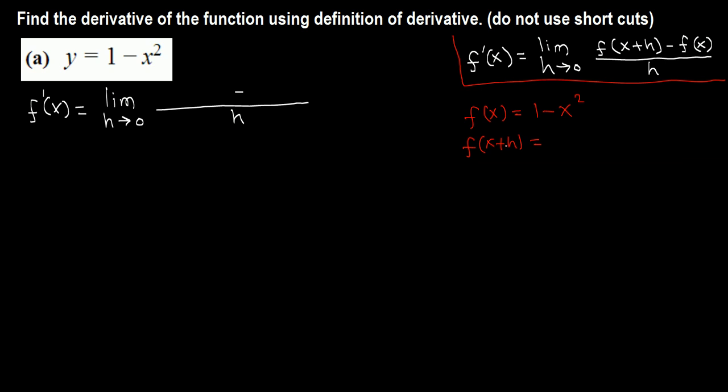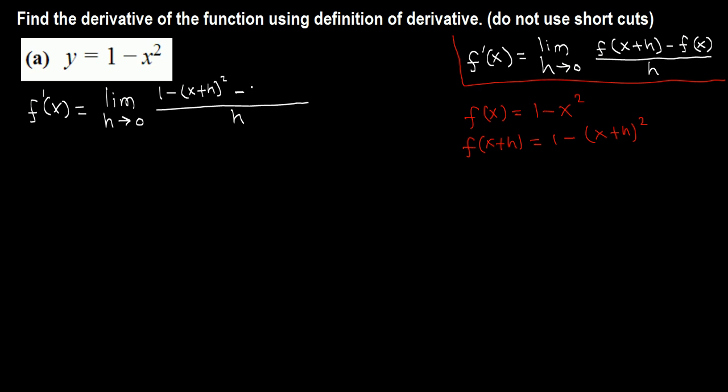That means f of x plus h would be 1 minus that input squared, so x plus h quantity squared. Okay, so that goes over here. So using this definition, f of x plus h is 1 minus x plus h quantity squared, and there is a negative sign from the formula.